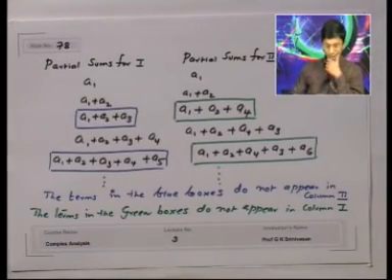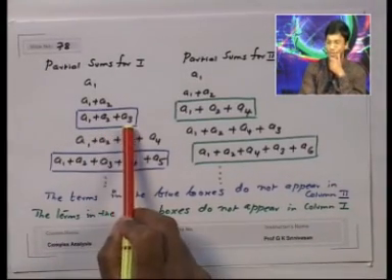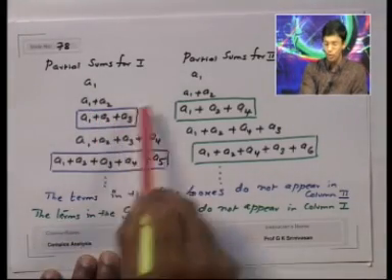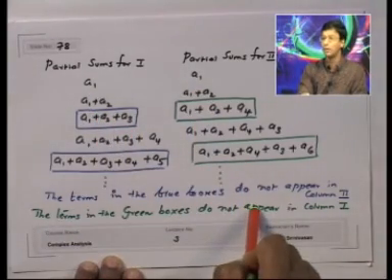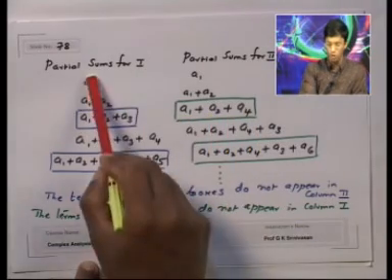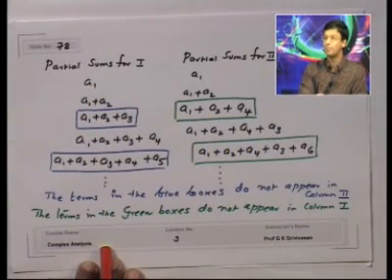Now notice that a1 plus a2 plus a3 is a term of this sequence. It is not going to appear in the second column. Likewise, the term a1 plus a2 plus a4 is not going to appear anywhere in the first column.